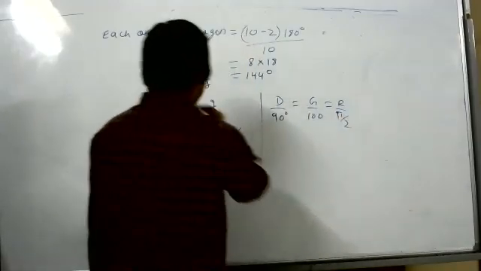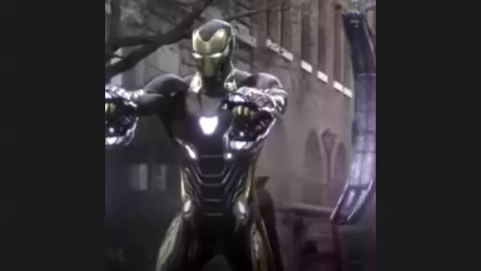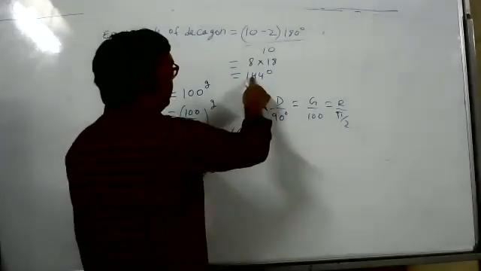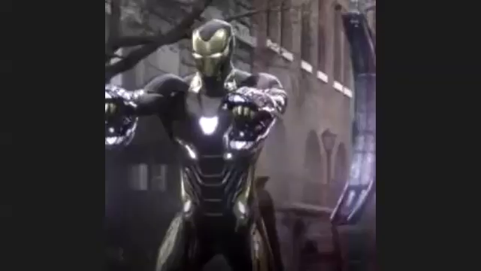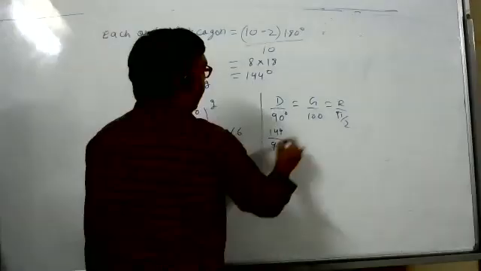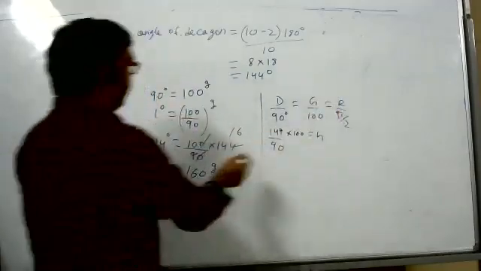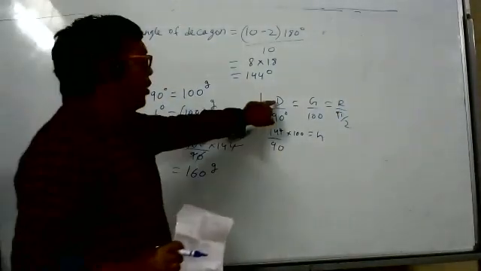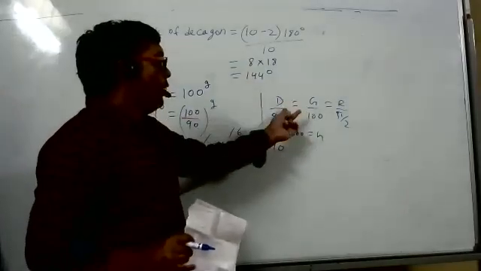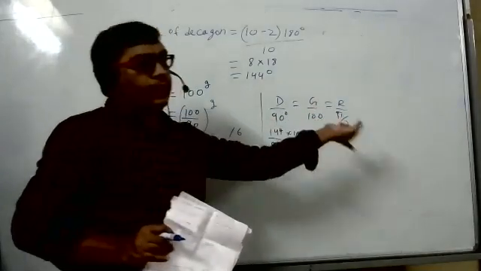In the place of degree, what to write? 144 by 90, and grade we need, so 100 on this side. See, directly we got it. No need of breaking your head. Degree we know, so substitute degree. If you want grade, focus on the first two ratios. If you want grade and radian, focus on the last two ratios.